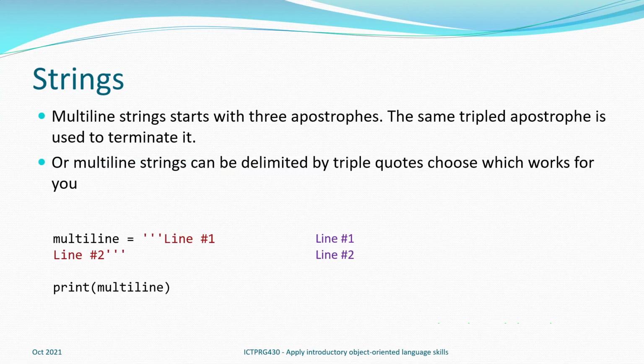So you start it off with multi-line equals and triple apostrophe, and then just write your lines that you want and then finish it off again with the triple. Then you can do what you want with that string.